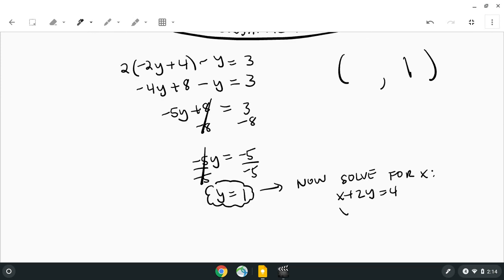Okay, so x plus 2 times 1 equals 4. x plus 2 equals 4. Subtract 2 on both sides. So x equals 2. So that's my final answer. This is the point of intersection.